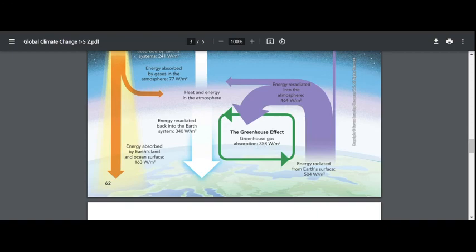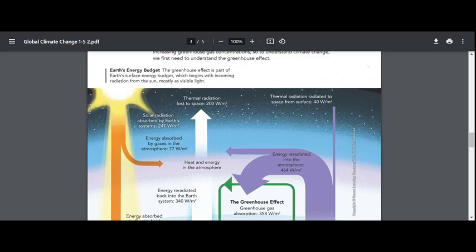So there's greenhouse gas absorption, there's energy radiated from Earth's surface, energy re-radiated into Earth's atmosphere. And then thermal radiation is radiated to space from surface. And that's what this arrow right here is showing.